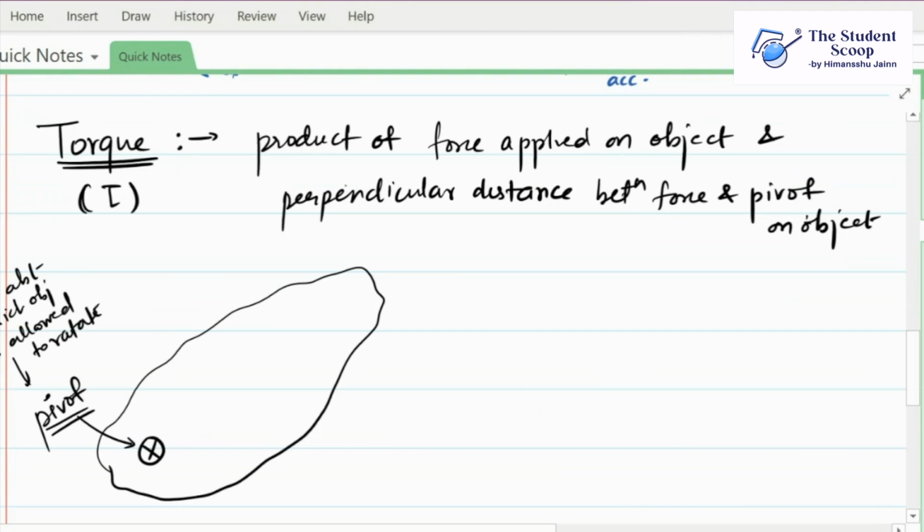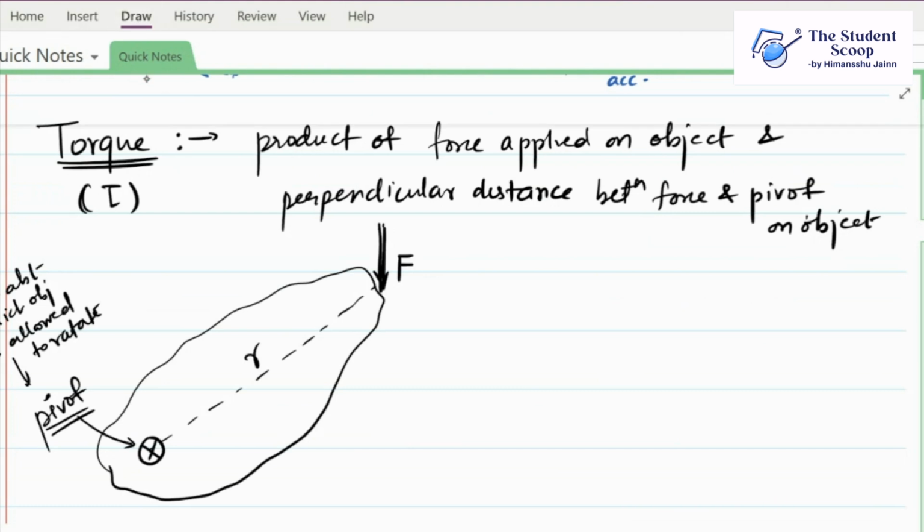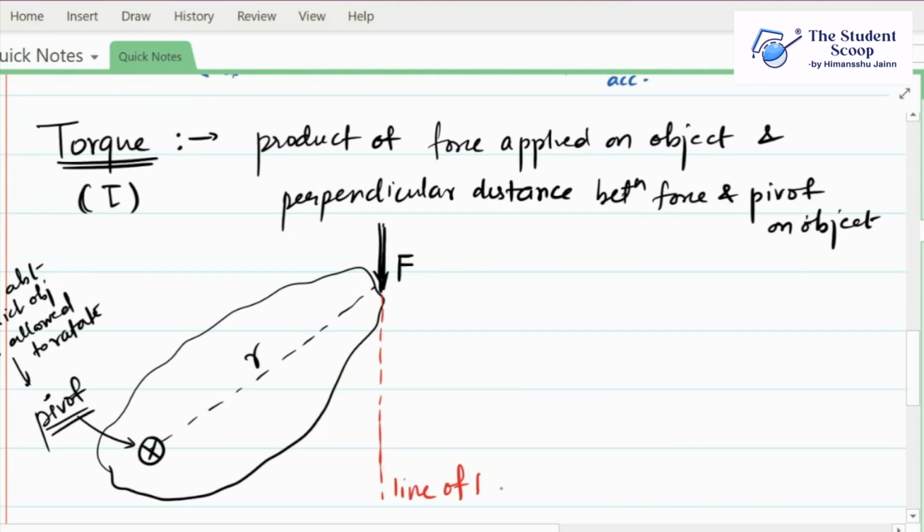Now let's say the force is applied at this position, and this is the distance given. Let this distance be r. The torque won't be r times F because r is not a perpendicular distance. So we extend the line of force, and we take the distance perpendicular to the line of force.